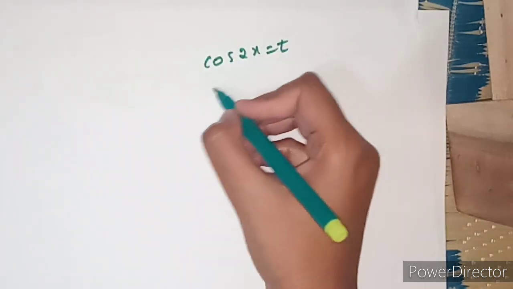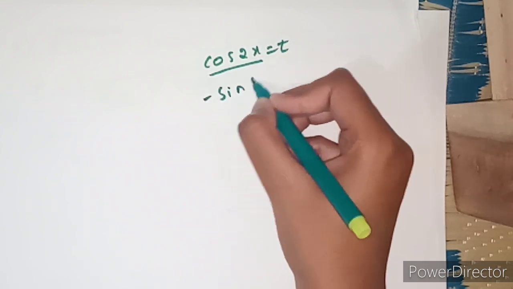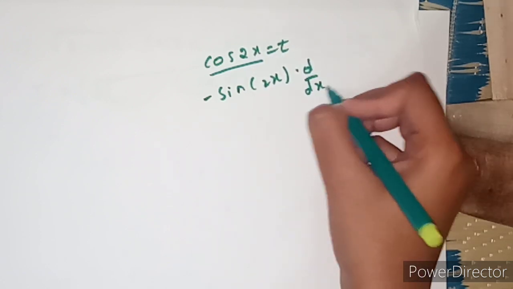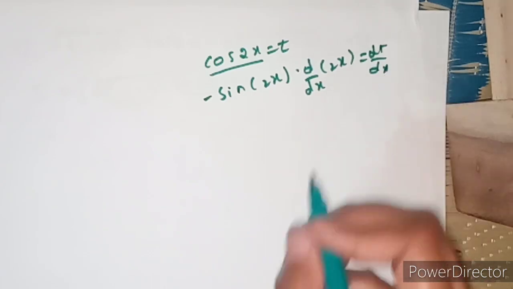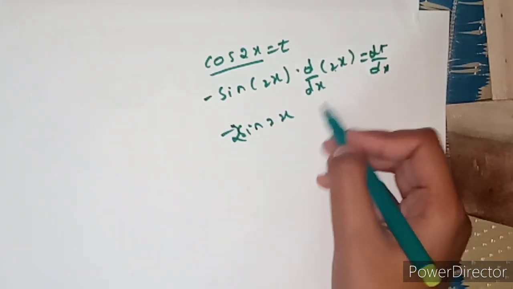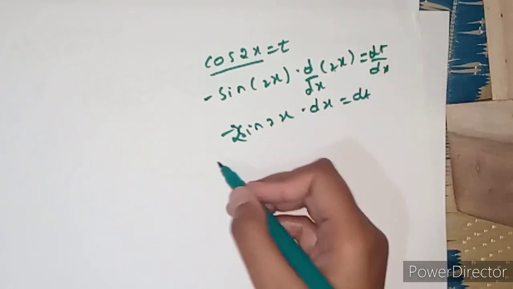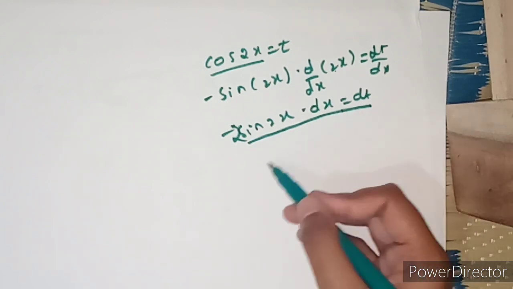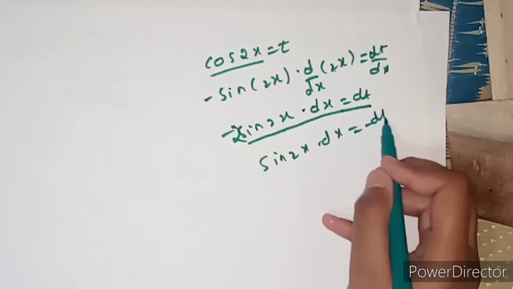Take the derivative. Derivative of cos is minus sin 2x, and take derivative of 2x: d by dx of 2x is equals to dt upon dx. Now minus sin 2x as it is, take this 2 outside. Derivative of x is 1. So sin 2x into dx is equals to minus dt upon 2.